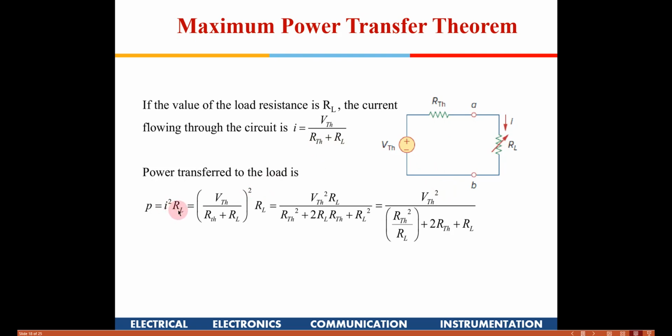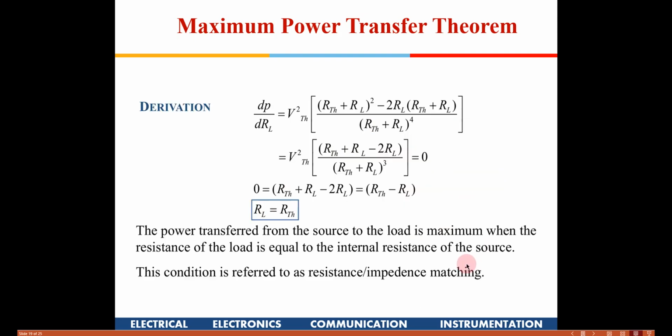So the power is I square R, which is a standard equation for power. I am going to replace this I with VTH divided by RTH plus RL. So this is the substitution for I square into RL, and this is the expanded form of the power.